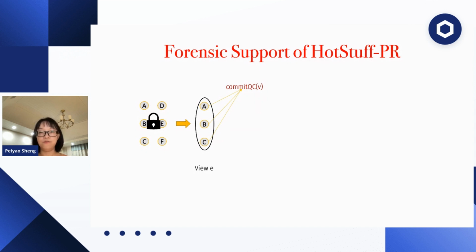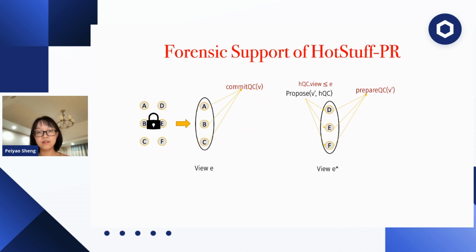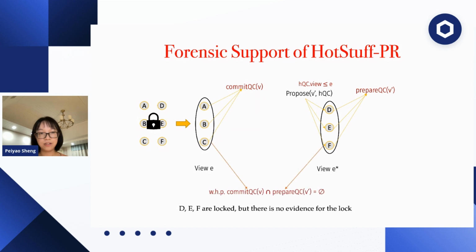We still can find the first view E star here, where a higher QC is formed for a conflicting value. However, at this time, when taking the intersection, we find in most cases we will end up catching no one due to the player replaceability. In this case, even if malicious nodes like D, E, and F are locked, there's no evidence for their locks because they do not need to vote in the first view.